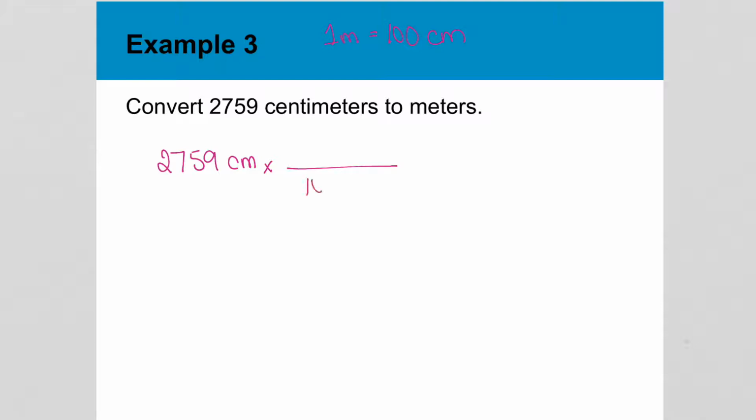And centimeters need to go on the bottom, which means we need to divide. 2,759 divided by 100, we'll be left with meters. And so that is 27.59 meters.